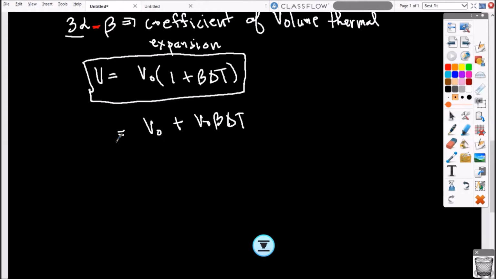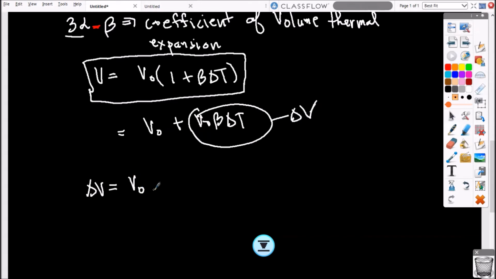Okay. Now the final volume must be initial volume plus the change of the volume. By looking at this equation, we can see that this one is delta V, the change of volume. So therefore, the change of volume here is the initial volume times the coefficient of volume thermal expansion, which is beta, times delta T. Right?